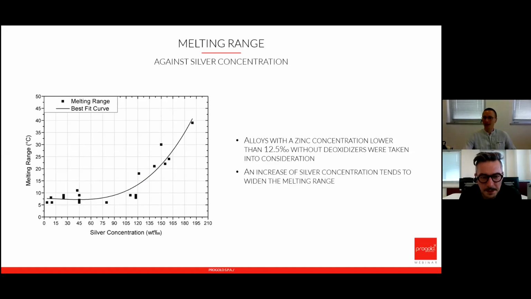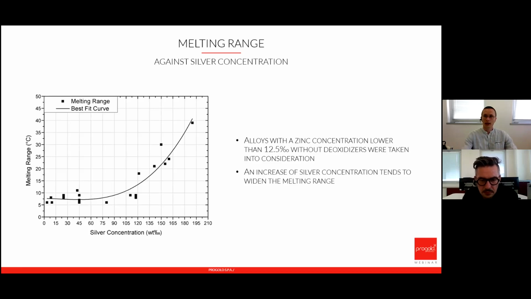We have another very interesting machine here in ProGold in our R&D lab, that is the dilatometer. This dilatometer measures the expansion or shrinkage of the alloy during temperature changes. What is very new for us, new in the sense that it is not common to have this instrument, is that our dilatometer is also measuring the shrinkage happening to the alloy during solidification.